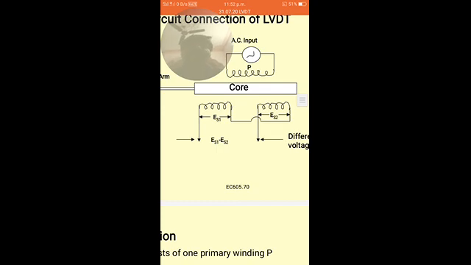When the core moves towards the left side, more flux links with the winding S1, as a value more than the linking flux at the winding S2.